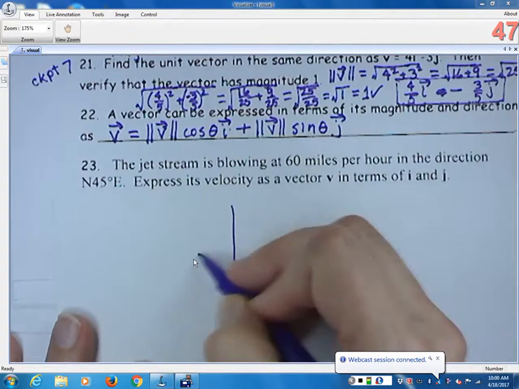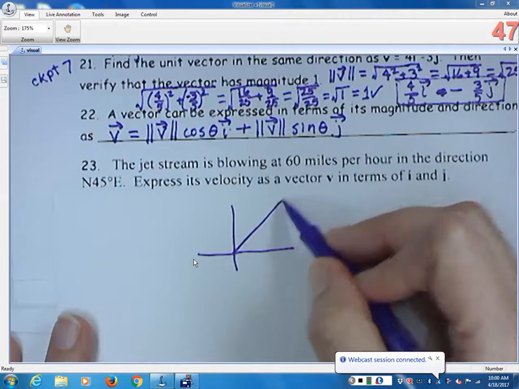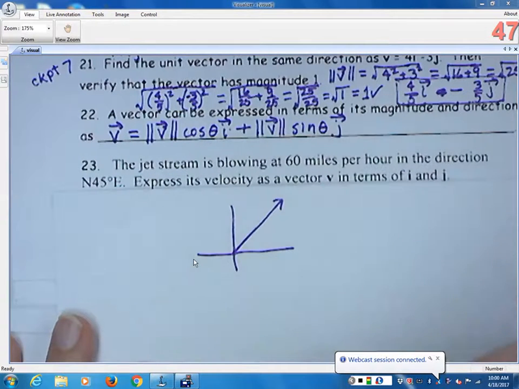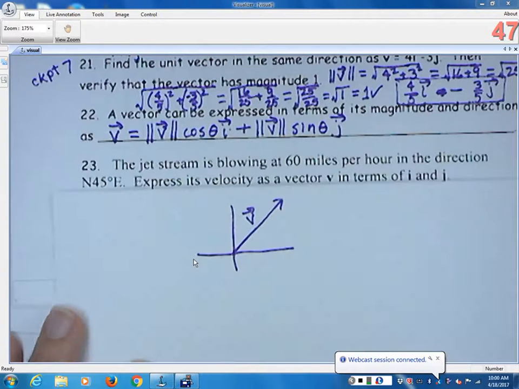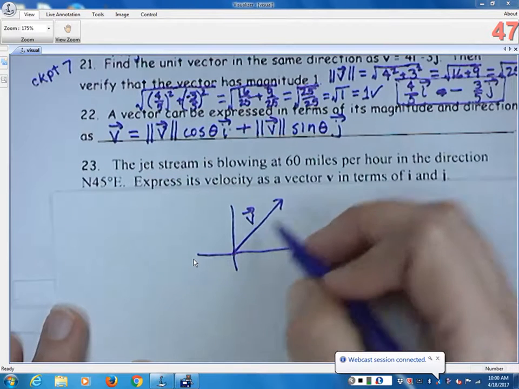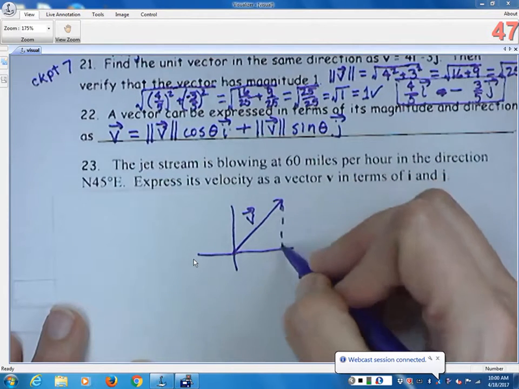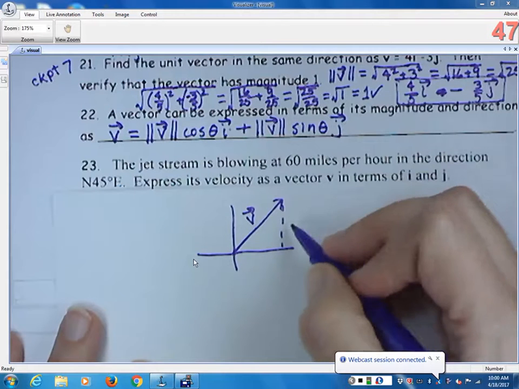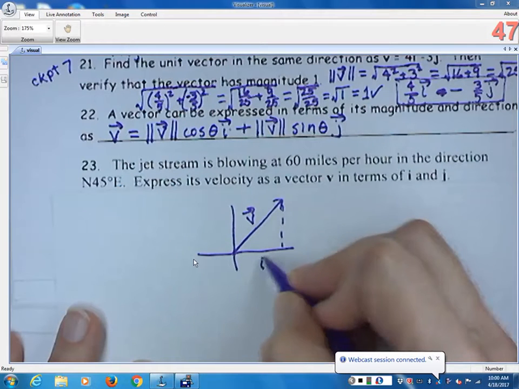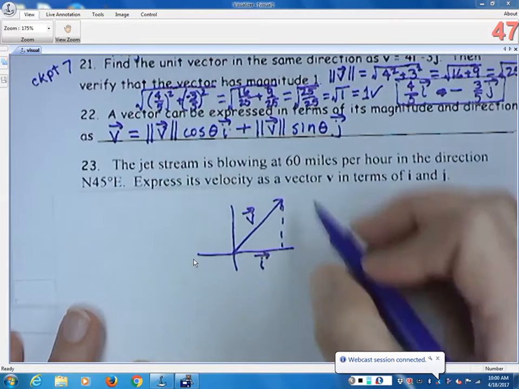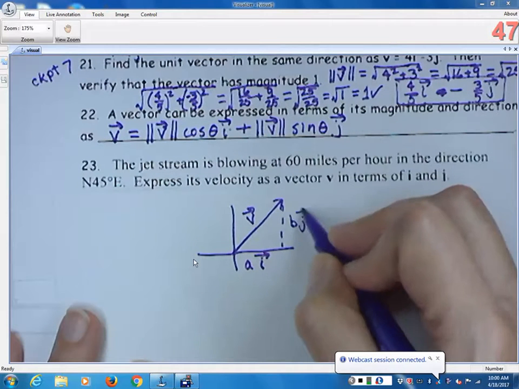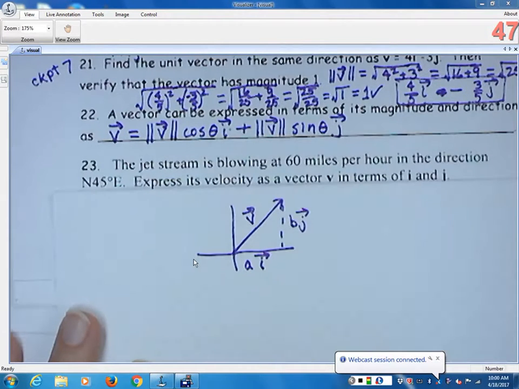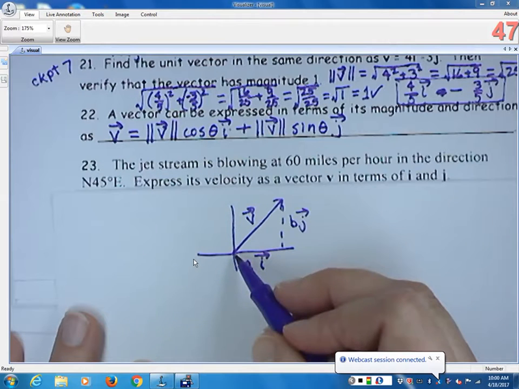So you've got a vector here, v. This will be ai plus bj. So a, we know this is theta.